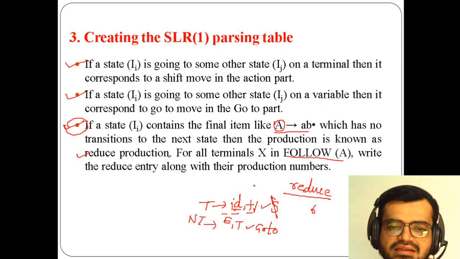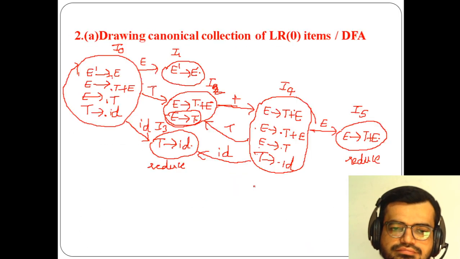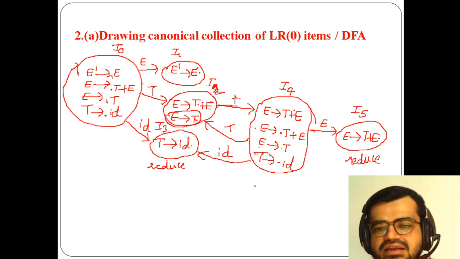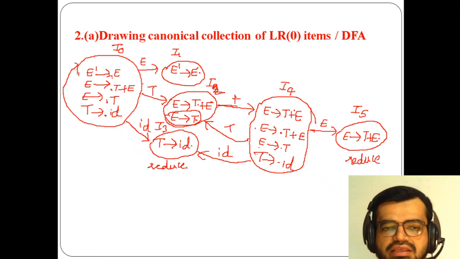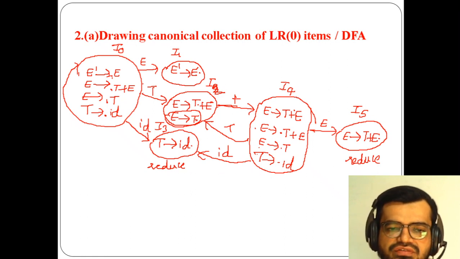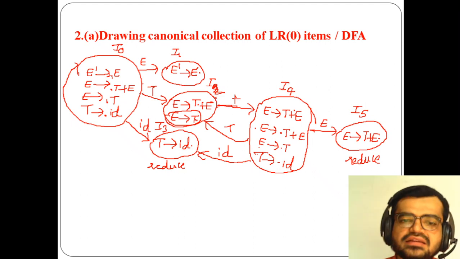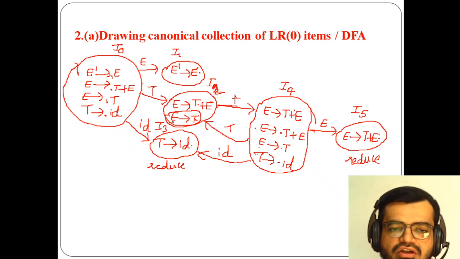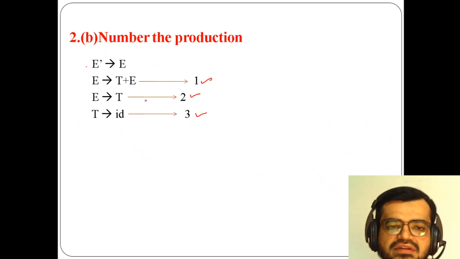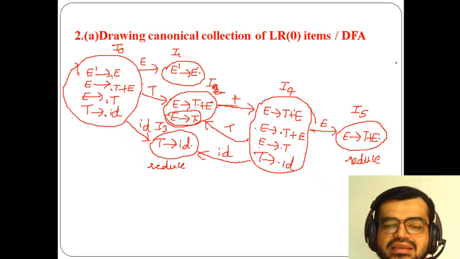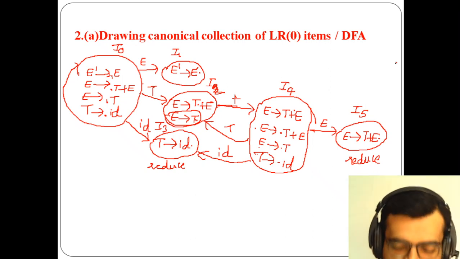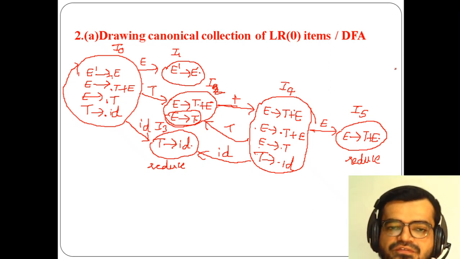Now what is the next final state? The next final state is E → T dot. This is there in I2. E → T dot means this is R2, R2 in I2, and you have to perform follow of E only.